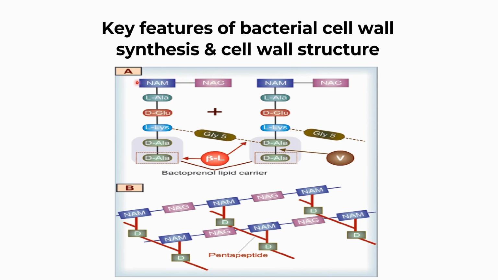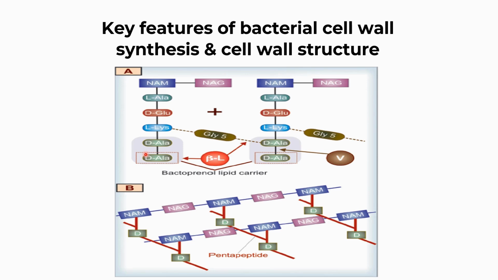They are the sugars. The backbone of peptidoglycan is made up of alternating units of N-acetylglucosamine, that is NAG, and N-acetylmuramic acid, that is NAM.